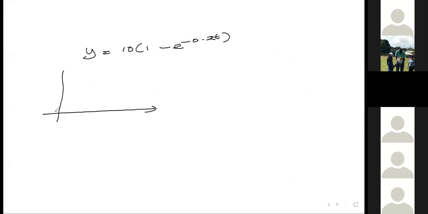So y equals 10 times 1 minus e to the minus 0.2t, and so we say that the final value is 10. And we want to find out now the time for 0 to 63%, which would be 6.3.